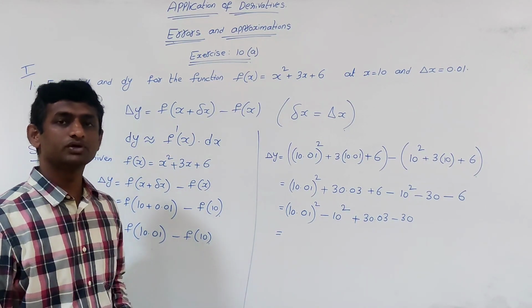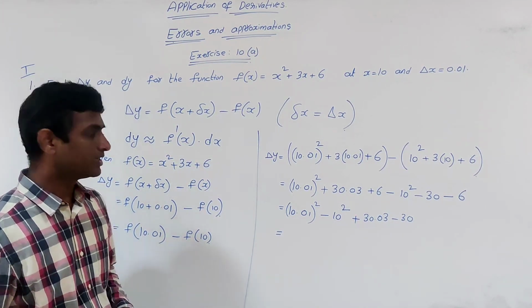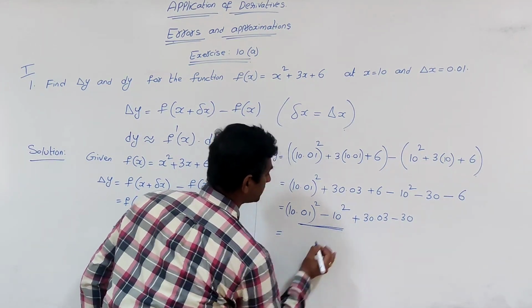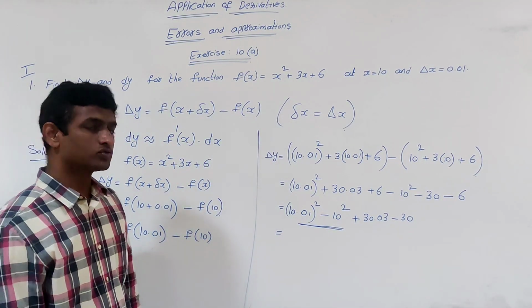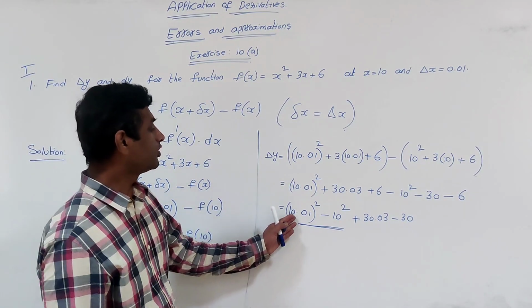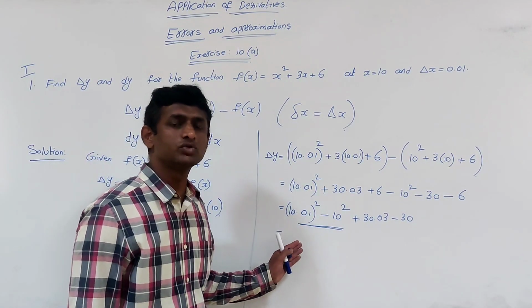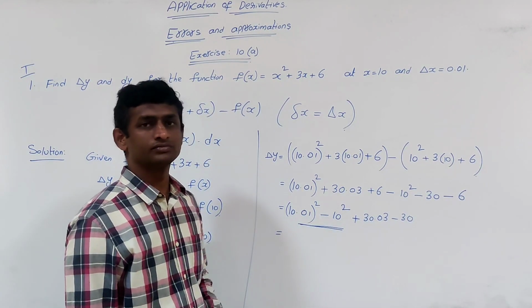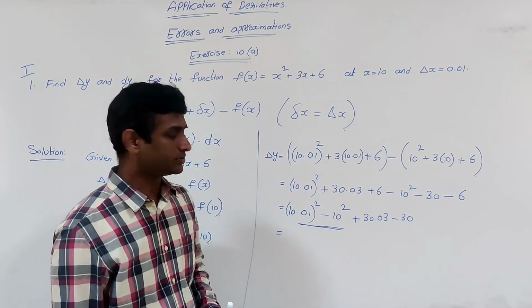A square minus b square means a plus b into a minus b. So we'll go for this. If you observe these two terms, it is in the form of x square minus y square. Or if you are familiar with 10.01 whole square, it gives 100.2001 minus 100. You can do as you wish.